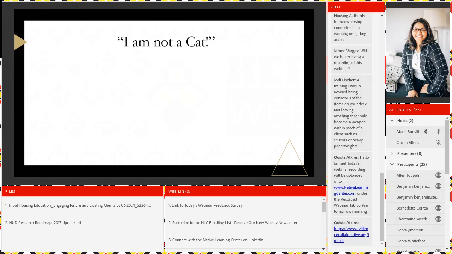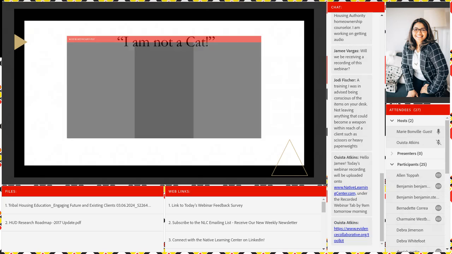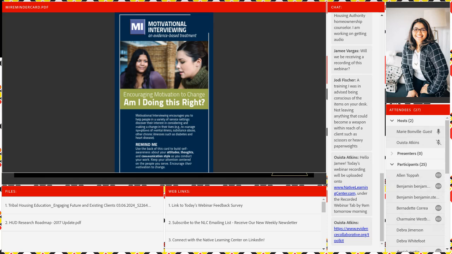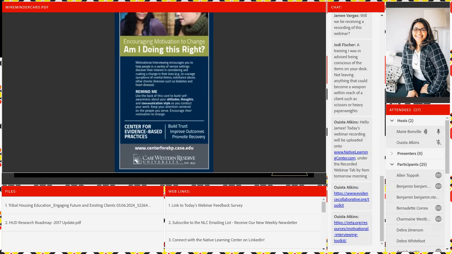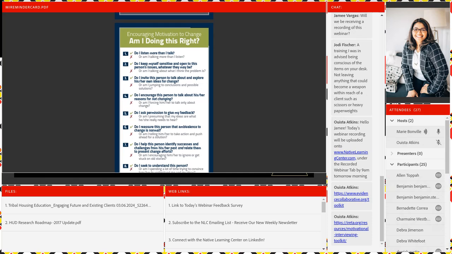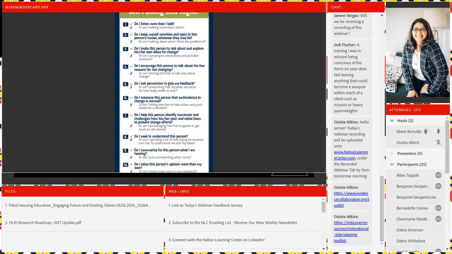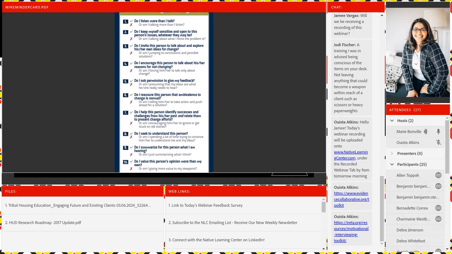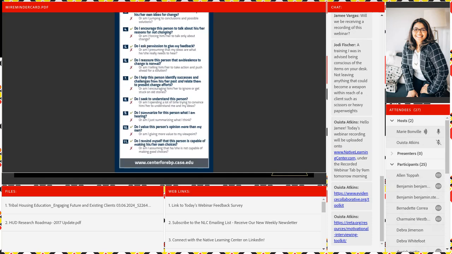Real quick, I'm going to bring out the reminder card. Oh, okay. Hopefully everybody can see this. But it says, am I doing this right? I mean, how do I know? Remind me. Here's a card that gives you, do I listen more than I talk? Do I keep myself sensitive and open to a person's issues, whatever they may be, right? So it gives you a checklist.